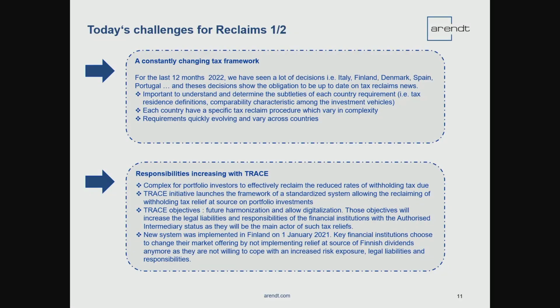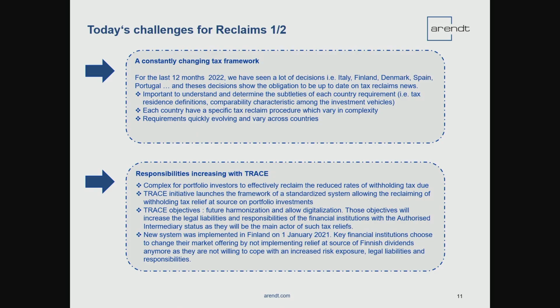And having said that, maybe we can go to the challenges, because that shows you that when we are talking about these topics, we have several challenges. One of the main challenges is that you have a constantly changing tax framework.